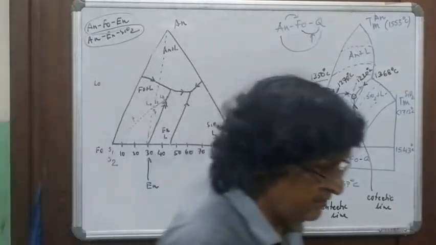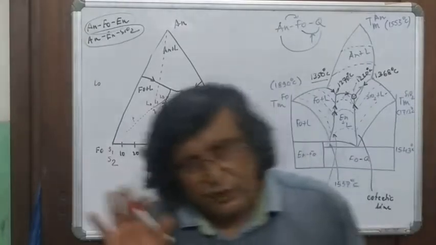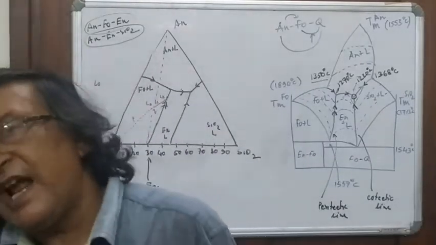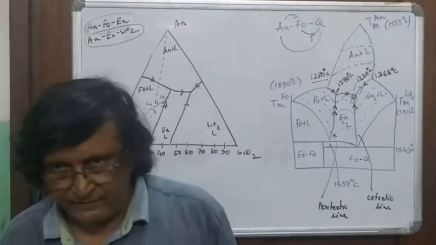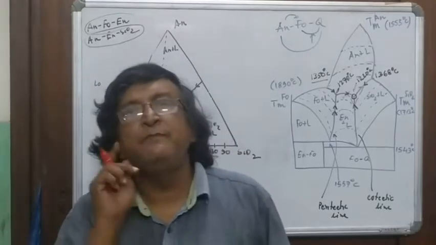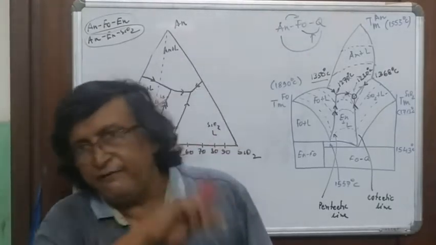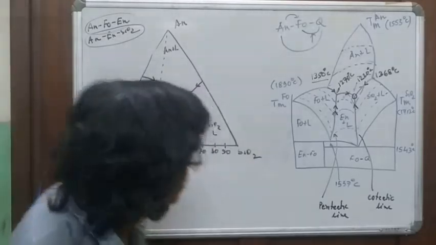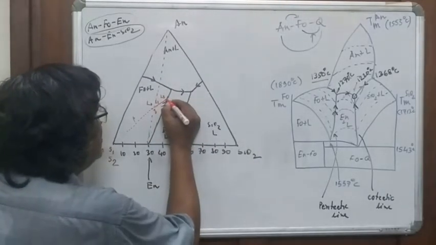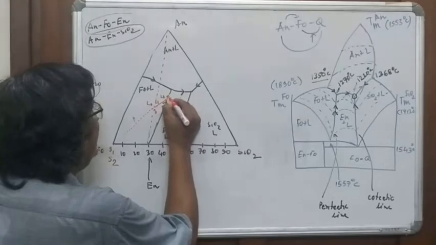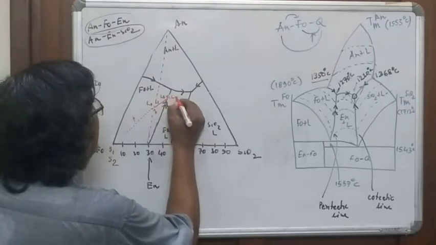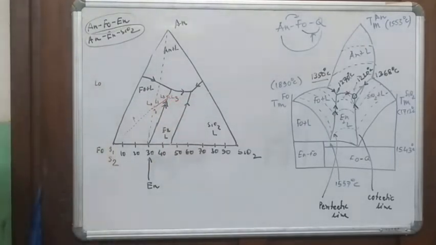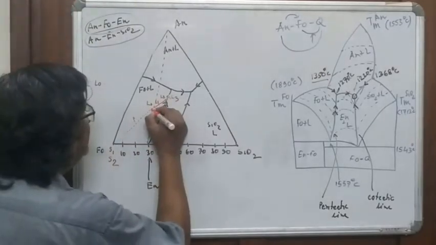You will have to have forsterite, enstatite and melt. And enstatite has to be produced through a reaction between forsterite and silica in the ratio 70:30. And once you do it, then the liquid has to move in this direction. Let this be L3.